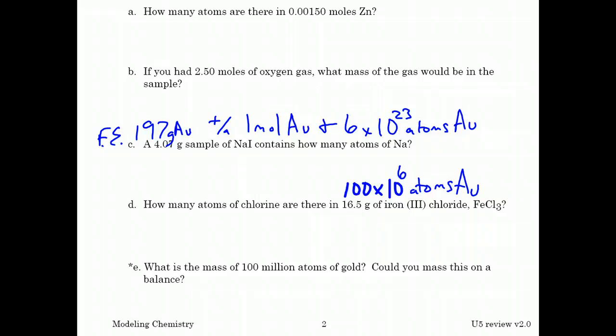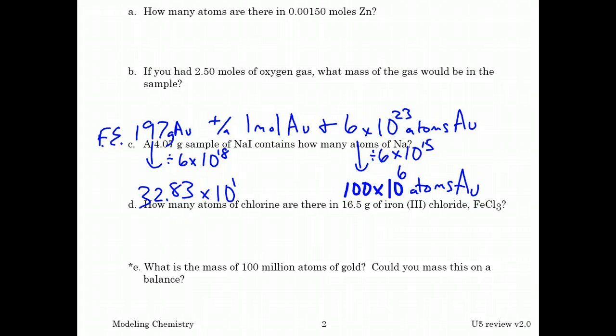Okay, so to get down there, I'd have to take, this is basically 10 to the 8th, so I have to divide by 6 times 10 to the 15th in order to get there, and you can figure that out yourself. So I'd have to divide this number by 6 times 10 to the 18th, so 197 divided by 6 is 32.83 times 10 to the 18th grams of Au.